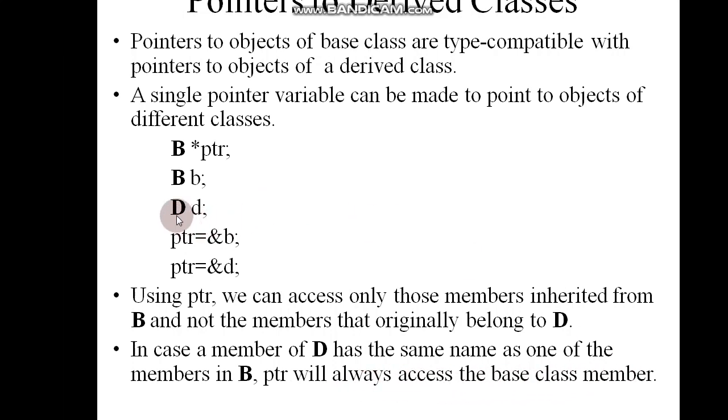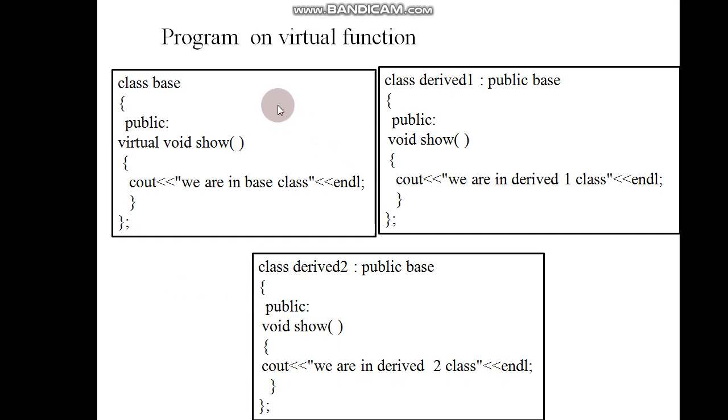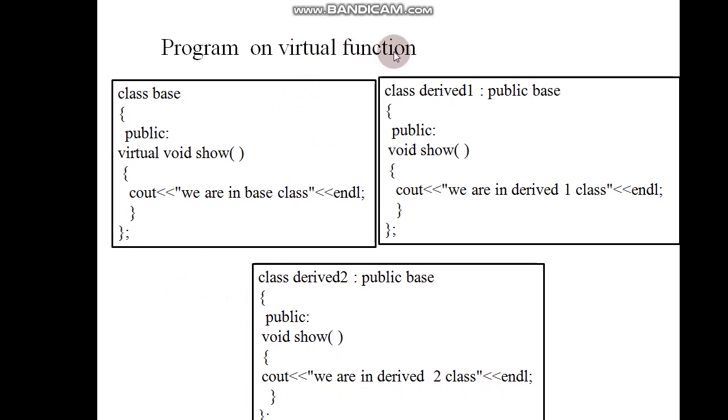So the derived class overrides the show function from the base class. Even though we store the address of an object of the derived class in the PTR, PTR will call the show function from the base class only, not from the derived class. If we want to resolve this, we have to make use of a virtual function.